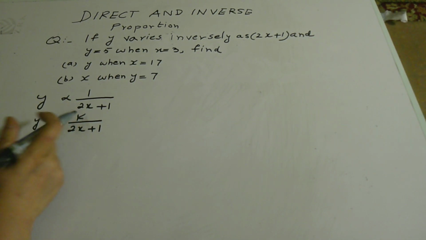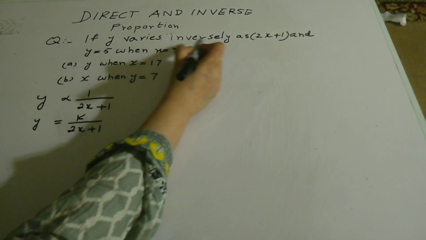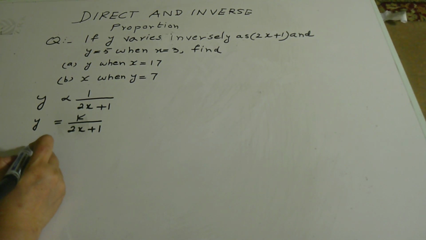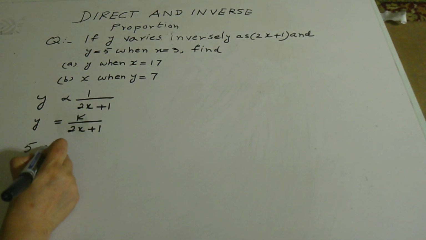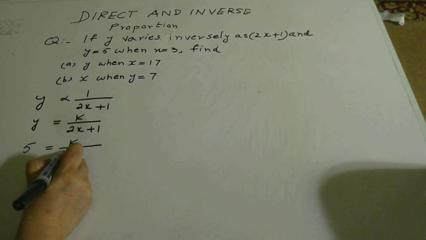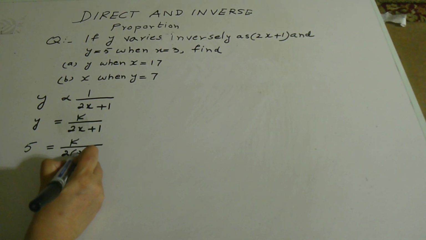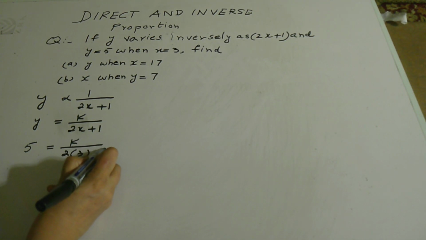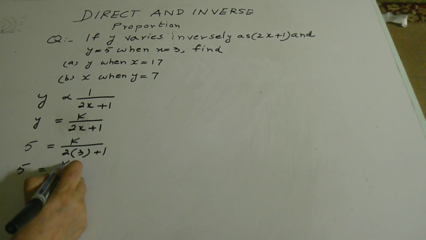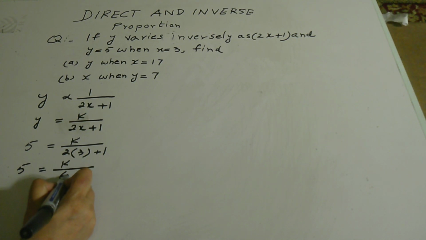So I will put the value of y and x which are given in this first step. So y is equal to 5, k you have to find, and x is equal to 3. 5 is equal to k over 2 multiplied by 3, 6 plus 1.